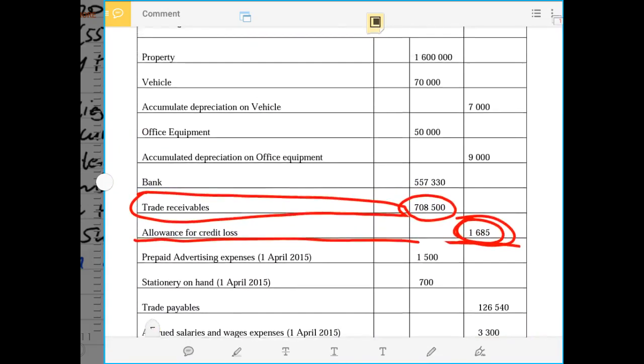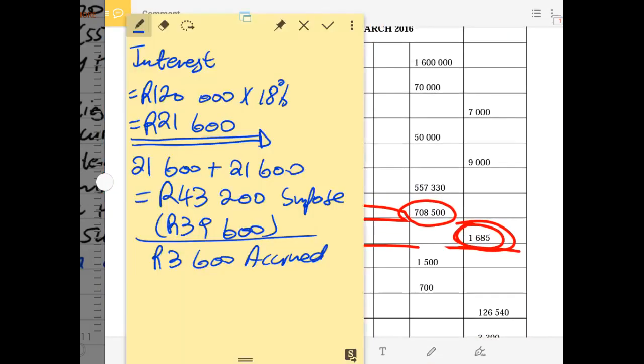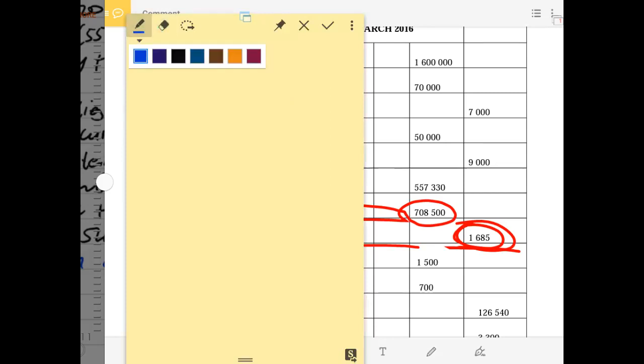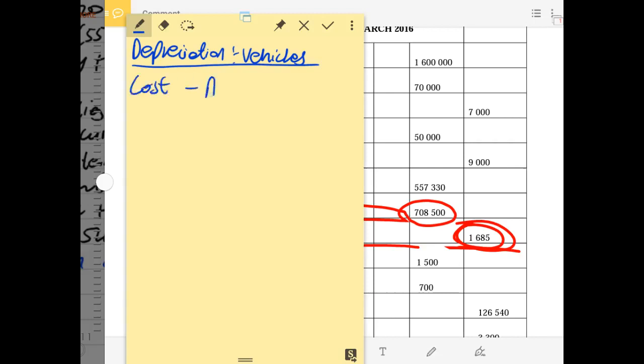So if vehicles are depreciated on the diminishing balance method, we need to say cost less accumulated depreciation. So now we are doing depreciation, and that depreciation is for vehicles. It says cost less accumulated depreciation.